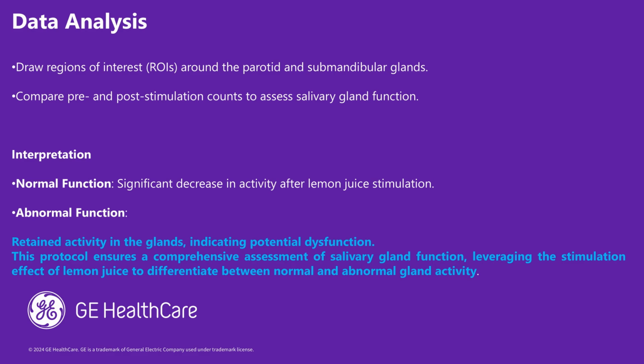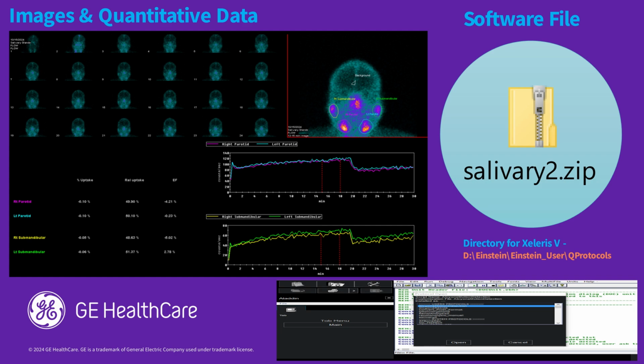Normal function is where there is a drastic decrease in the activity from the parotid and submandibular. If the activity is retained in the glands, it indicates potential dysfunction. This protocol ensures a comprehensive assessment of the salivary gland function, leveraging the stimulation effect of the lemon juice to differentiate between normal and abnormal gland activity.